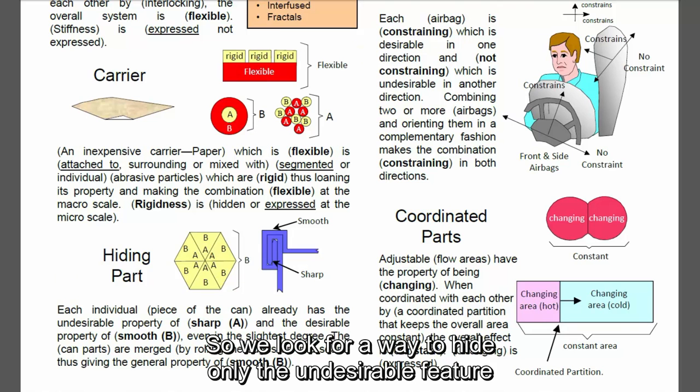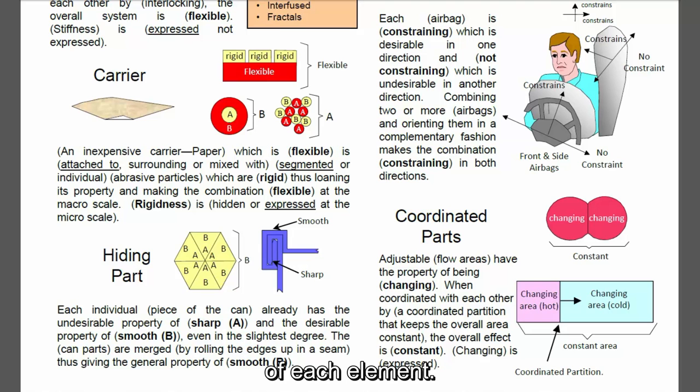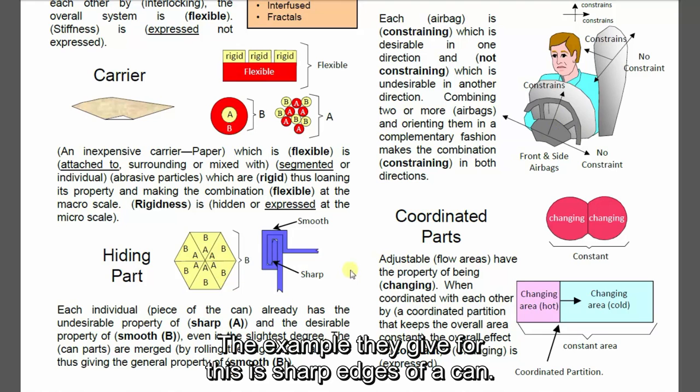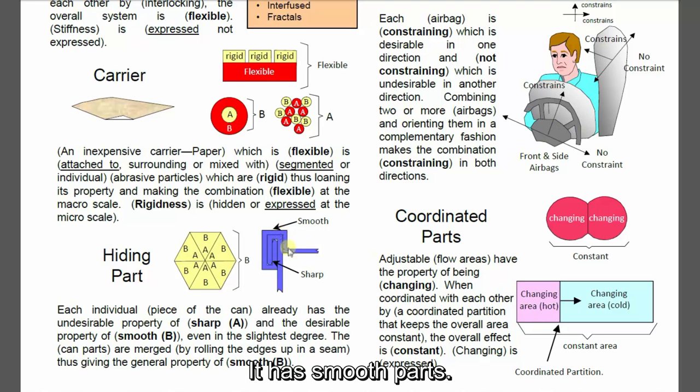So we look for a way to hide only the undesirable feature of each element. The example they give for this is sharp edges of a can. It has smooth parts, it has sharp parts, and if you roll up the edges, then you conceal the sharp parts and protect them behind the smooth parts.